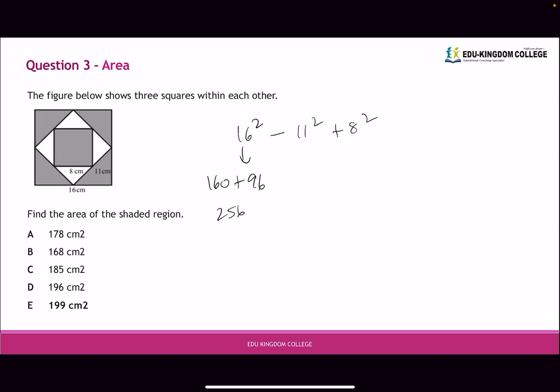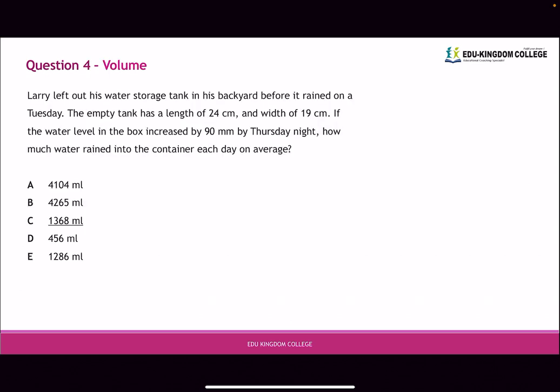This is going to be minus 121, and then this is going to be plus 64. So I'm just going to go ahead and do this first, because it's smaller and it's easier to do. So 121 minus 64 is 57. And then 256 minus 57 is 199. So that's part E right there.